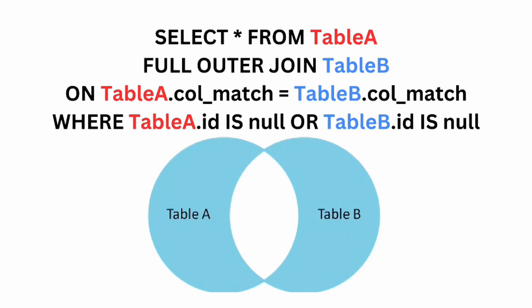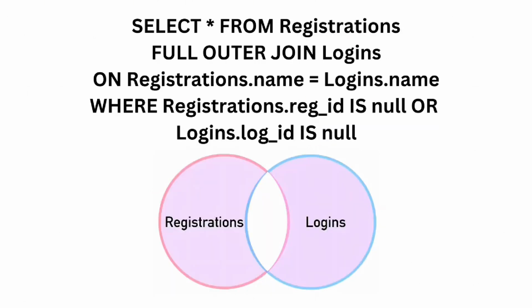So that essentially means that we're looking for the actual values where one of the table's ID columns is null or the other table's ID column is null. Essentially the opposite of an inner join, because this will only grab things that are unique either completely to table A or unique to table B. Keep in mind, notice here I could have switched the order from table A to table B because this is again symmetrical right down the middle.